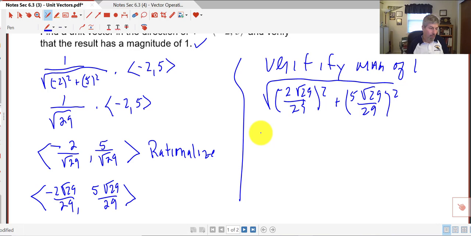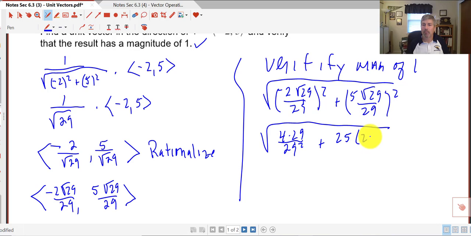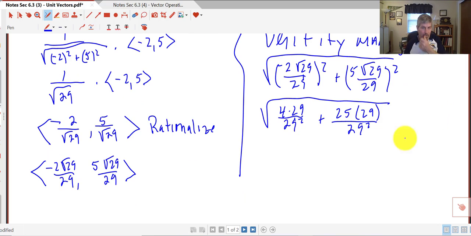All under the square root again, we get 4 times 29 all over 29 squared plus 25 times 29 all over 29 squared.